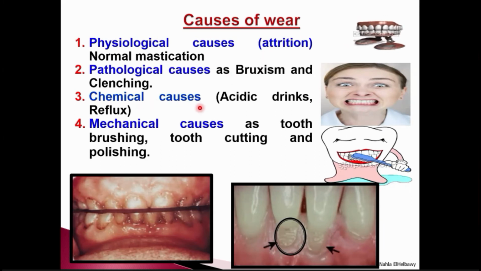Chemical causes are also called erosion: acidic drinks, reflux esophagitis, a patient who gets stomach acid into their oral cavity can find this kind of wear. Mechanical causes are typically seen in aggressive tooth brushing or cutting some things with the teeth. So that can cause mechanical or abrasive cavities.